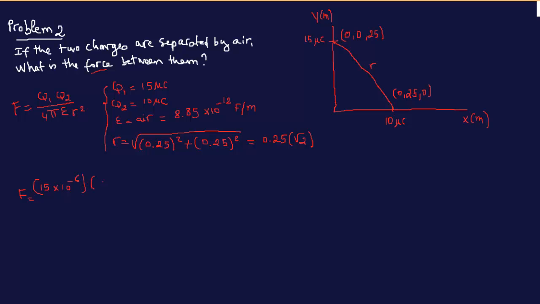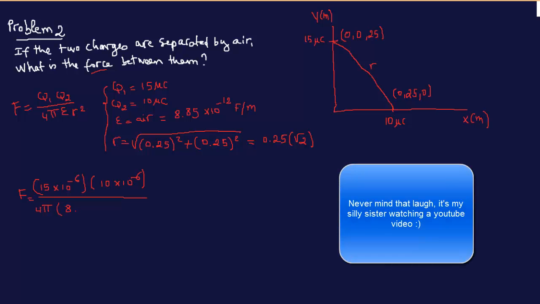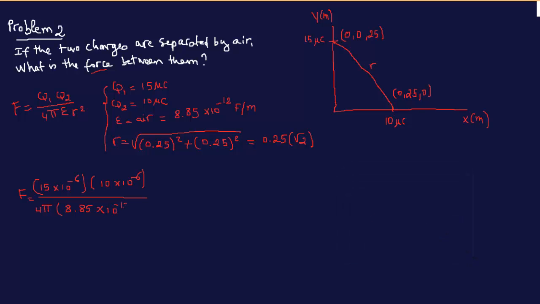So now let's plug it in. We have 15 times 10 to the power minus 6 times 10 to the power minus 6, over 4 pi times 8.85 times 10 to the power minus 12, replacing R squared, and we have 0.25 times square root of 2, everything squared.